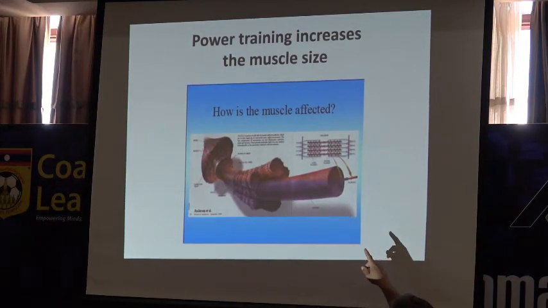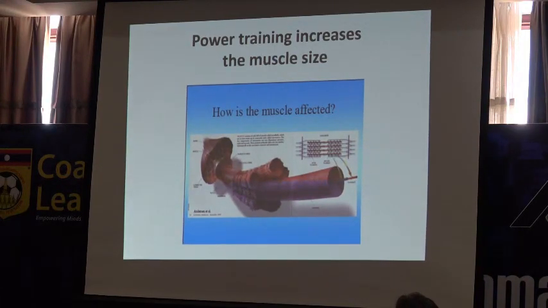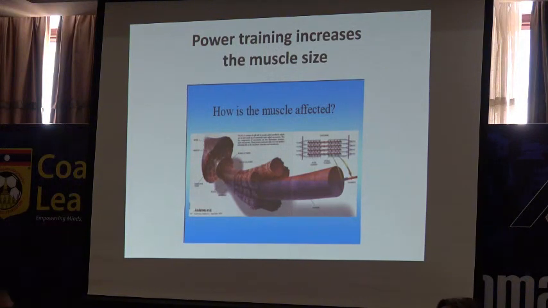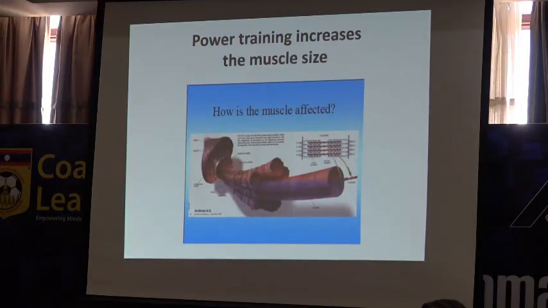And above you can see, if we look inside the muscle fiber, we have two proteins. So the blue proteins that you can see, which is connected at each side, is called actin. And then the reds that go in between the blue is called myosin.